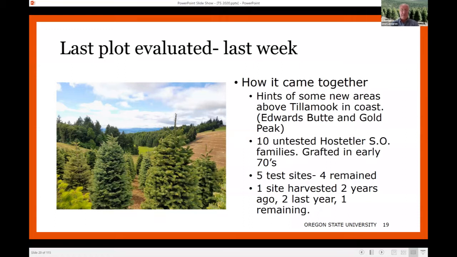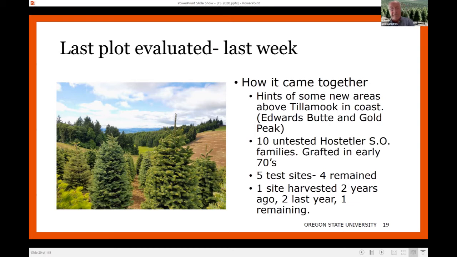These were grafted in the early 70s, with Ken Brown and Mike Ramsby working on the seed orchard at Hostetler, but they'd never been tested. They were just beautiful trees in a field that was grafted into the orchard. And so this progeny test, planted in 2012, allowed us to finally get those trees into a test.